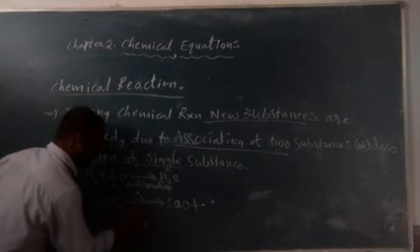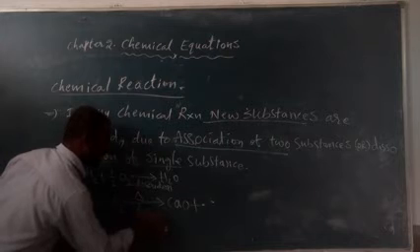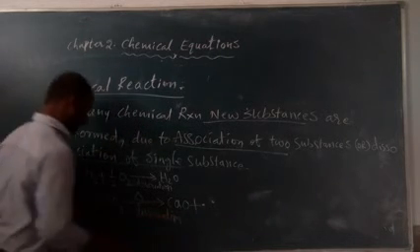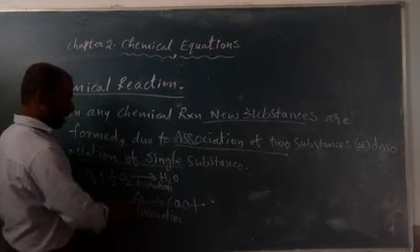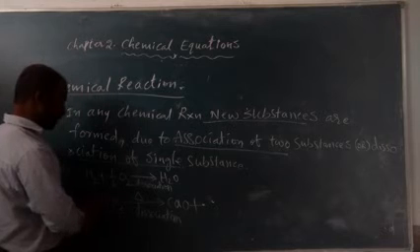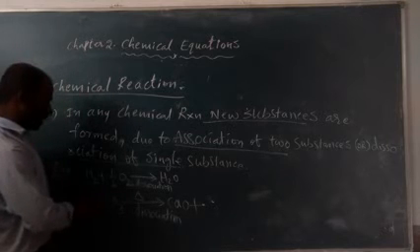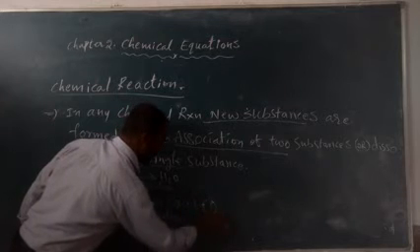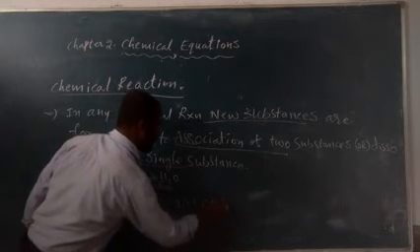The below reaction is the dissociation of a single substance. Due to the decomposition or dissociation of calcium carbonate, CaCO3, we get two products: calcium oxide and carbon dioxide.